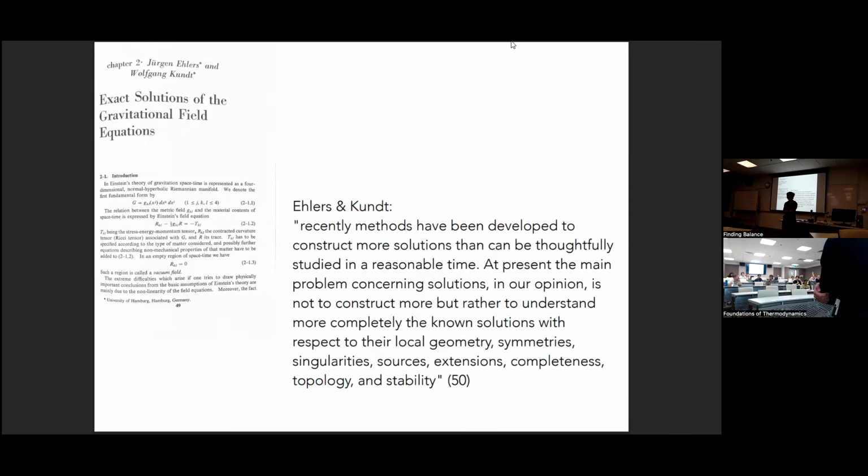I just want to hear your thoughts, because this is a study of the period, especially from the 20s to the 60s, the low water mark. But I think there's a potentially very interesting story to tell about the role of exact solutions in numerical studies, all the way to the very important recent work on the black hole image.